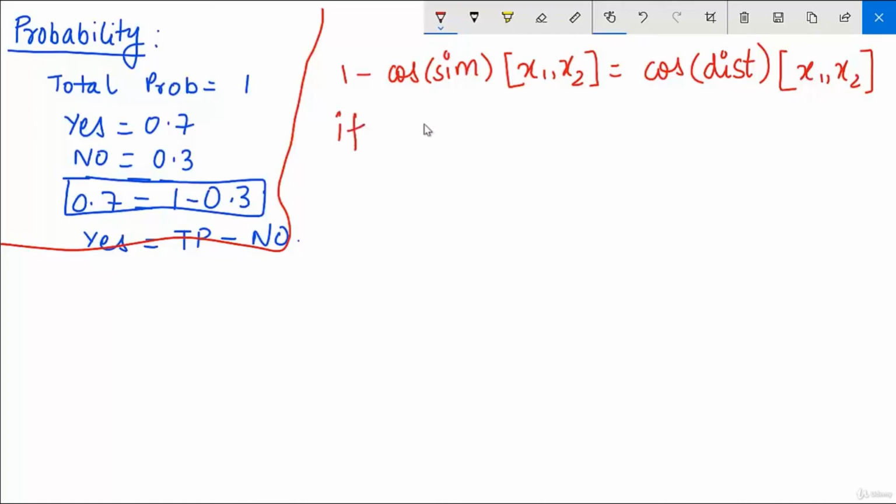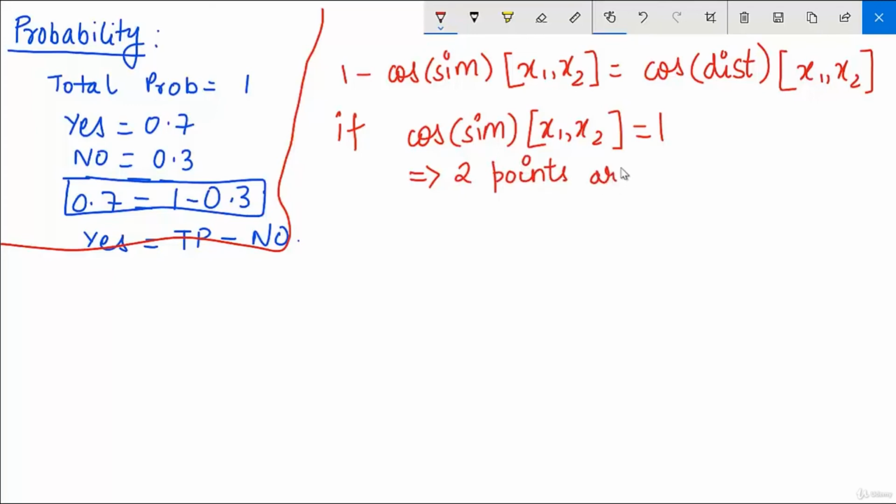If cos similarity of x1 comma x2 equals 1, don't you think the 2 points are very similar to each other, right? I hope you are getting it. They are very similar and the distance is 0.